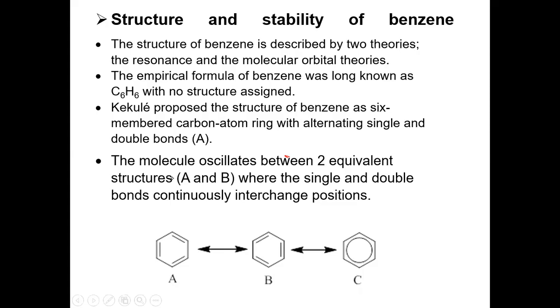It was Kekulé who proposed that benzene is a six-membered carbon atom ring containing single and double bonds. So he brought the structure A. Now I realize that they are saying that the molecule oscillates between two equivalent structures, A and B, where single and double bonds continuously interchange. So now there are a lot of technicalities I have to explain in regards to these structures.